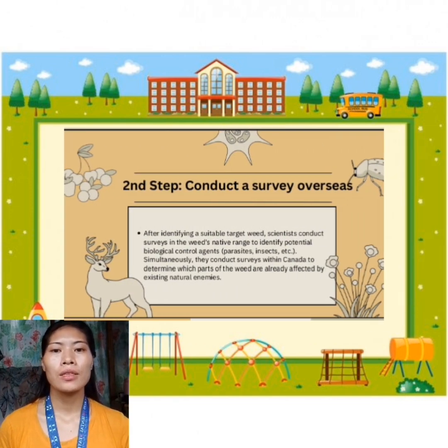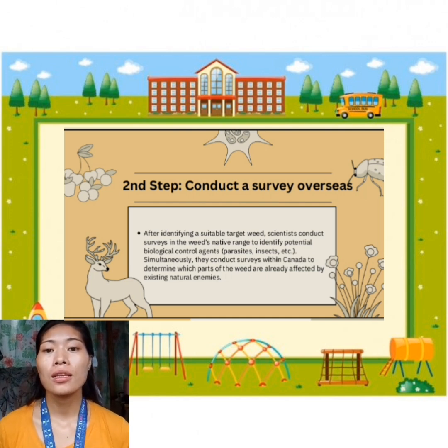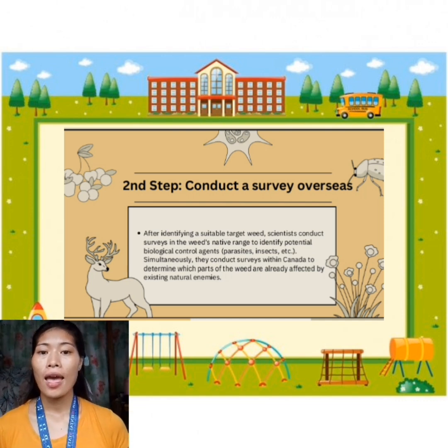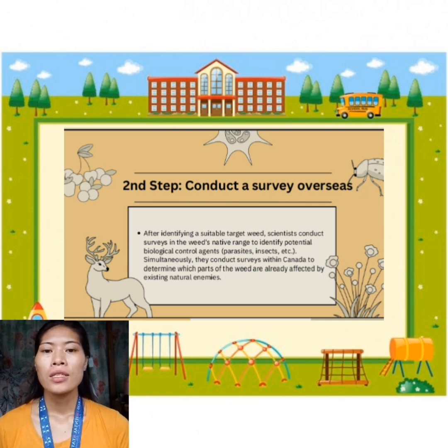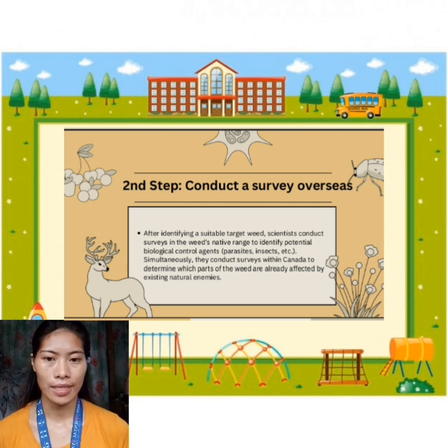The second step is overseas surveys. After identifying a suitable target weed, scientists conduct surveys in the weed's native range to identify potential biological control agents like parasites, insects, etc. Simultaneously, they conduct surveys within Canada to determine which parts of the weed are already affected by existing natural enemies.